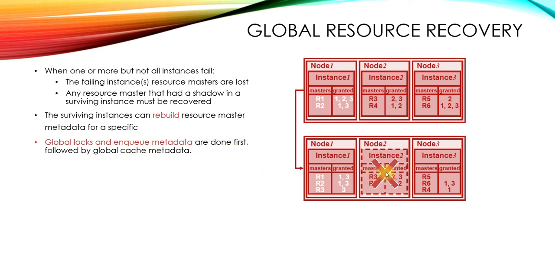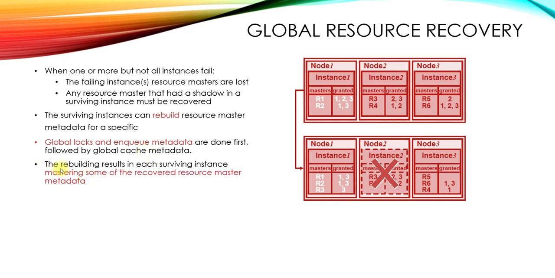So first of all, when doing the mastering and remastering, Oracle internal code first goes through the global locks in the shadow file, and enqueue metadata, to know who owns these and what the details of this specific object are, and then recovers those global locks and enqueues first.